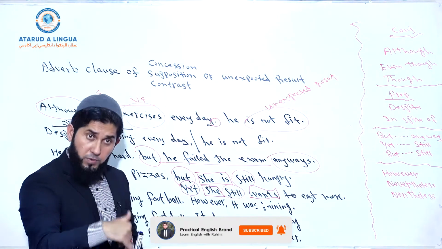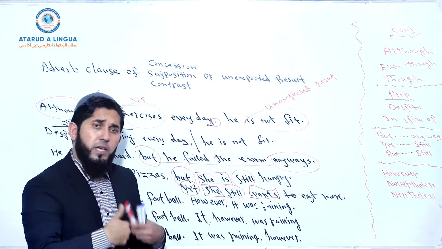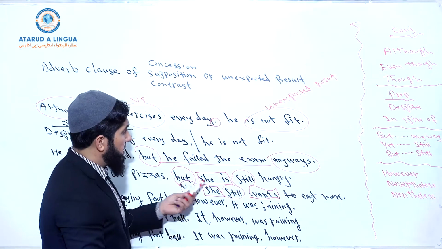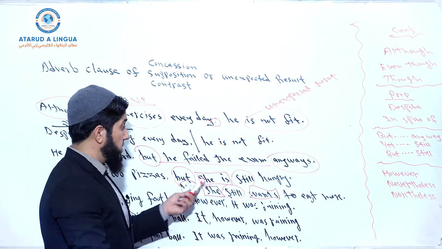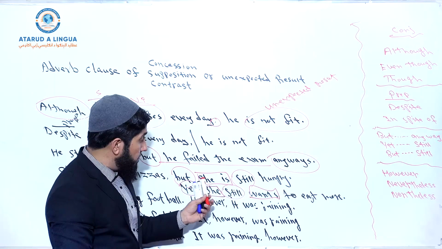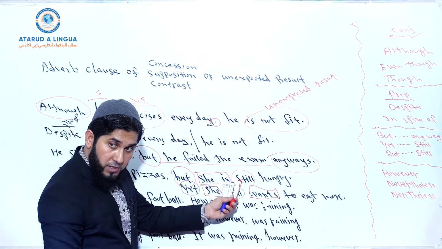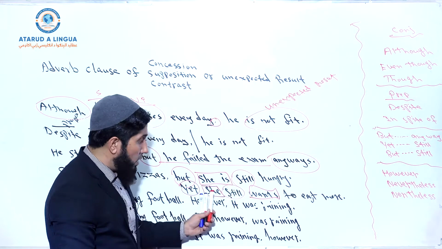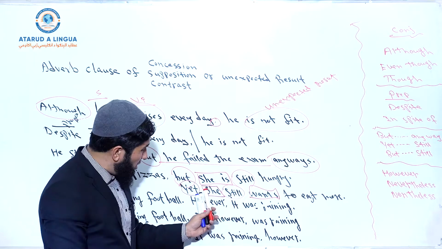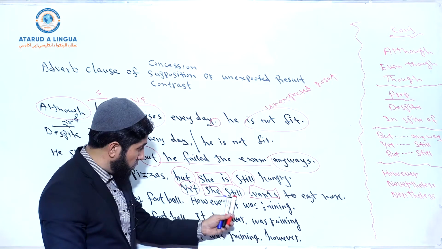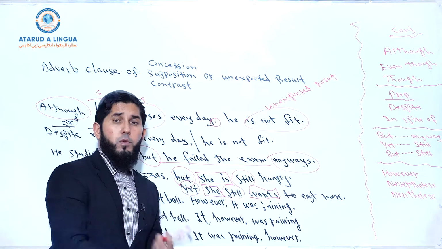If you have a to be verb as a main verb, or maybe even as a helping verb, "but she is still working hard," for example, the to be verb should be brought inside the two parts of this paired conjunction. You got it? And if you have an ordinary verb, if it's not a to be verb, then only the subject comes between the two parts of this paired conjunction. Like, "but she still wants to eat more."